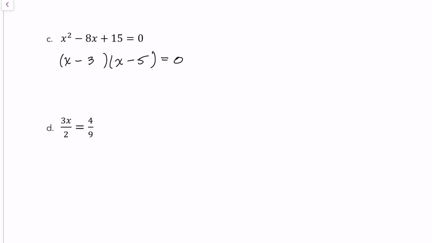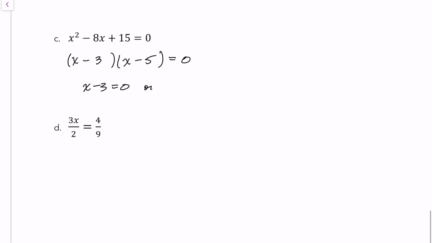So what does this mean? We're trying to find the value of x, remember. This means that we're multiplying something times something else, and the result is 0. That can only happen if this term is equal to 0, or if this term is equal to 0.